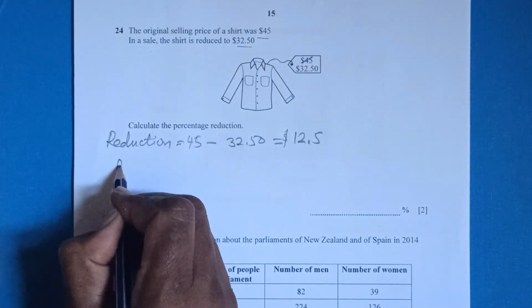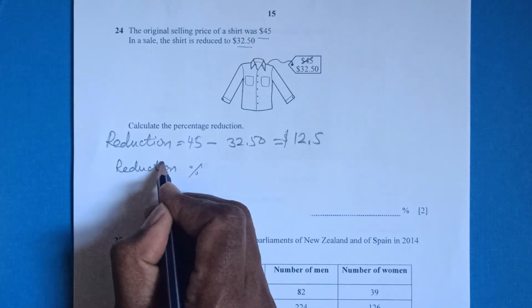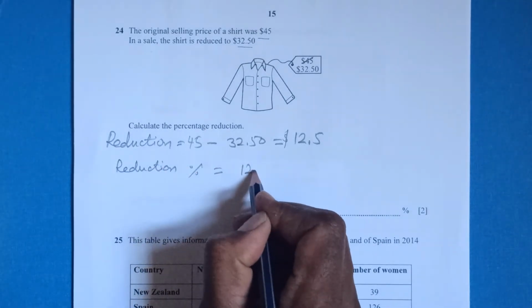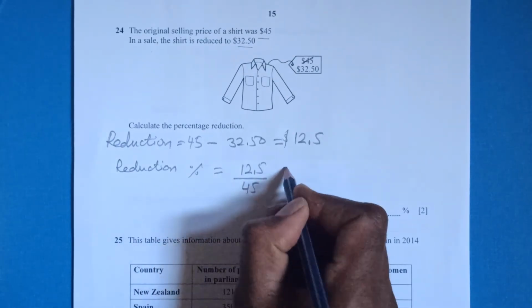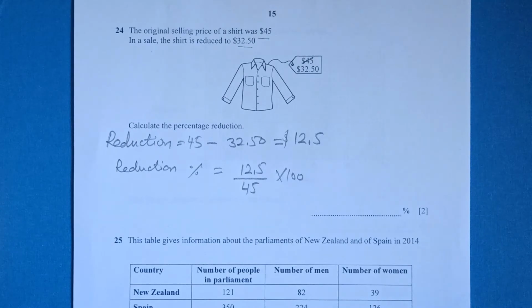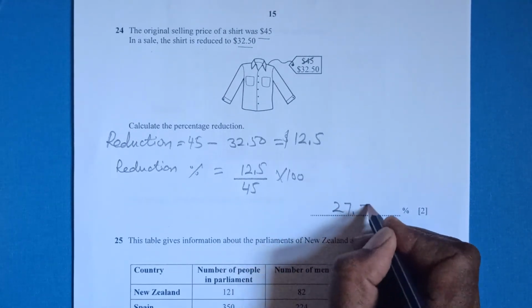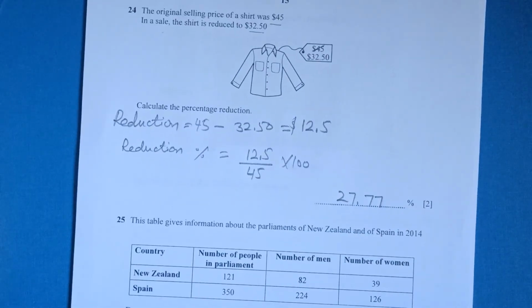So for the reduction percentage, the reduction of 12.5 from 45, times 100. When you calculate, this comes out to be 27.77. You can use the calculator directly for that.